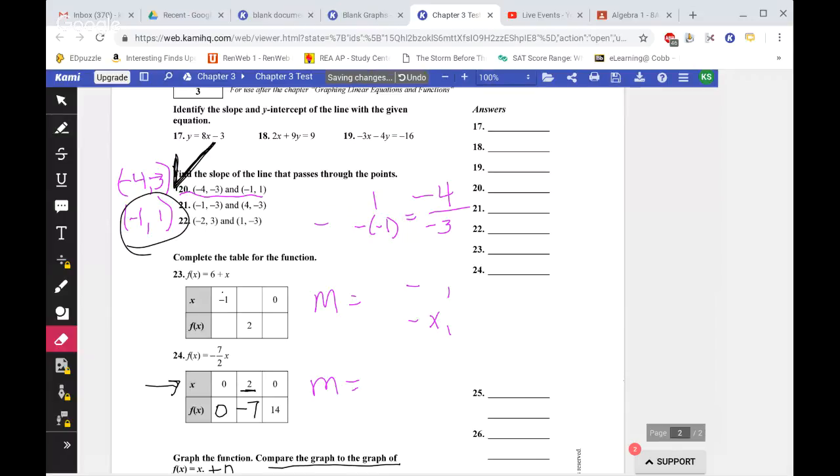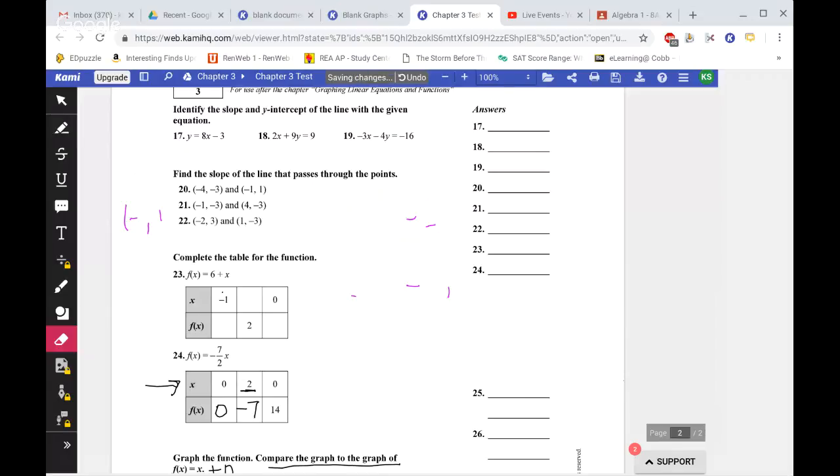All right. There was a typo on number 24, so I want to make sure I correct that now. Miss Sparks. Yes, love. On number 21, I got 0 over 5. So would that be a vertical line? I mean horizontal.